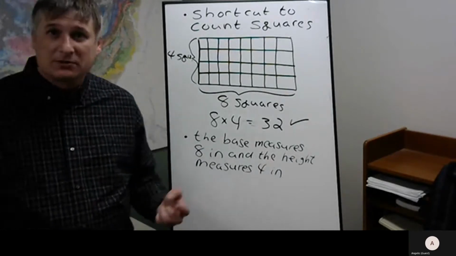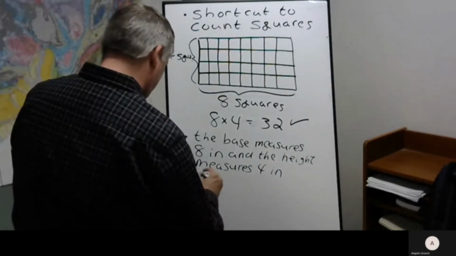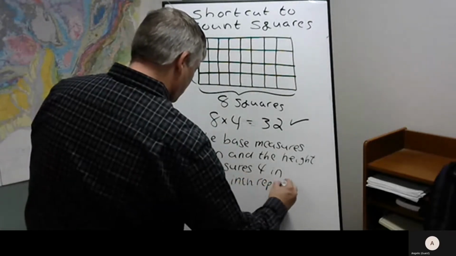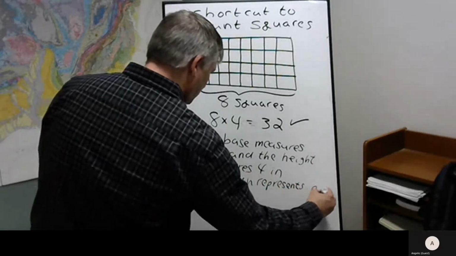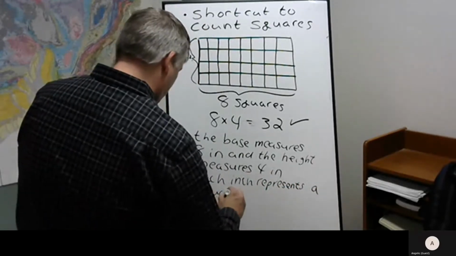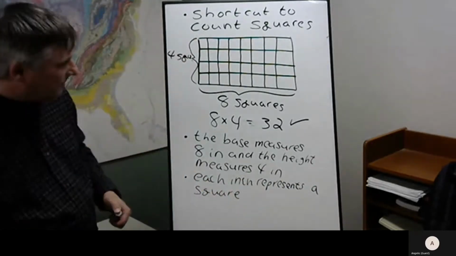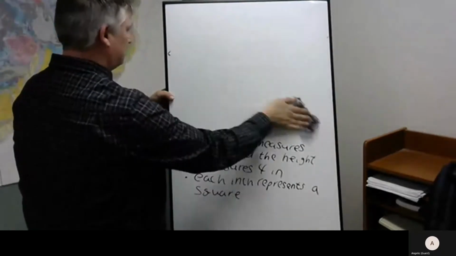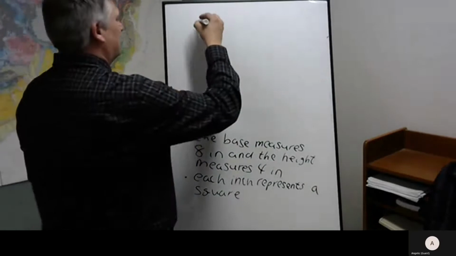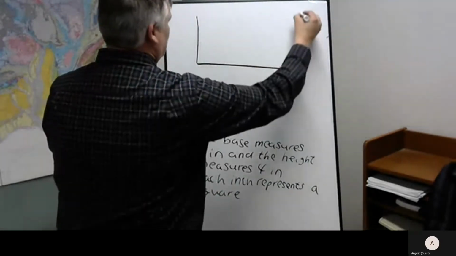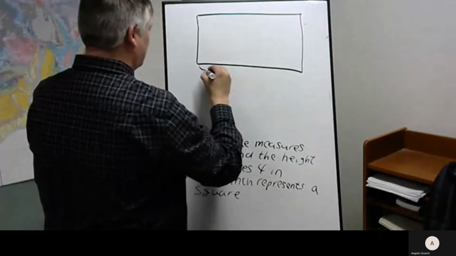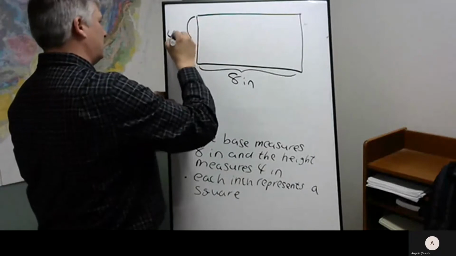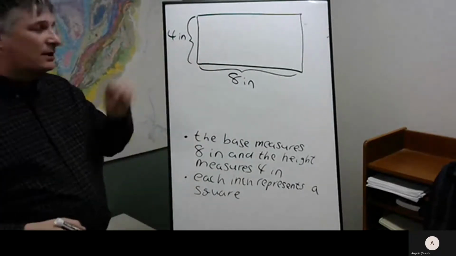And every inch represents a square. So you have 8 inches times 4 inches.